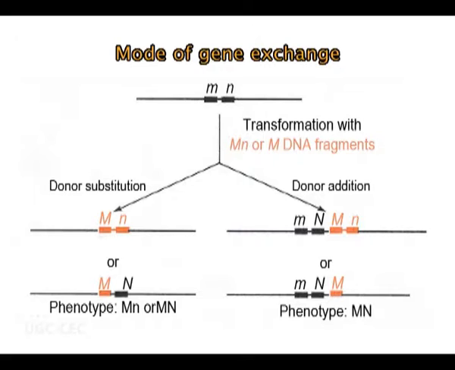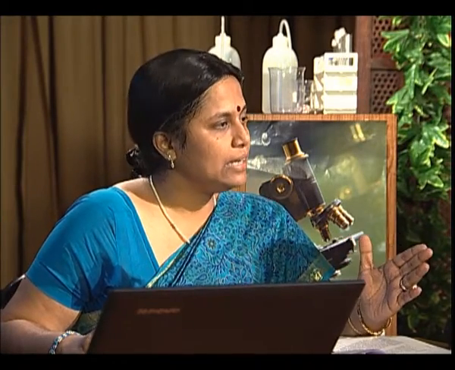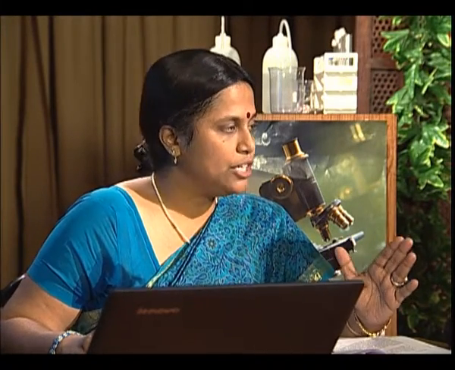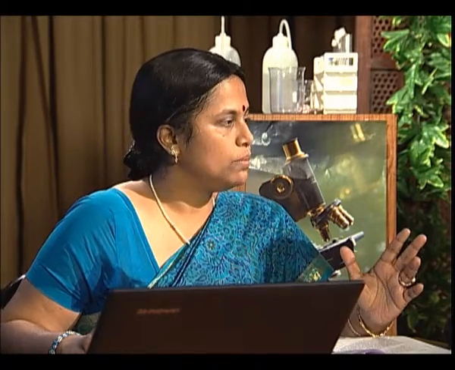On the other hand, if it would have been addition, then in both the cases, all the cells should be capital M and capital N. So they could actually get equivalent amounts of capital M, small n and capital M, capital N. That indicated that it is nothing but substitution. So addition was ruled out by performing these two experiments.